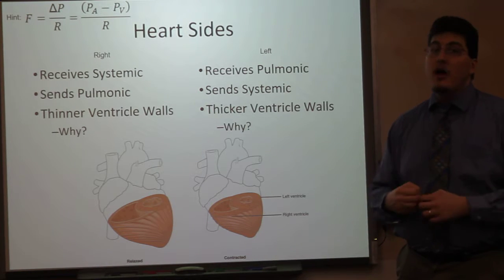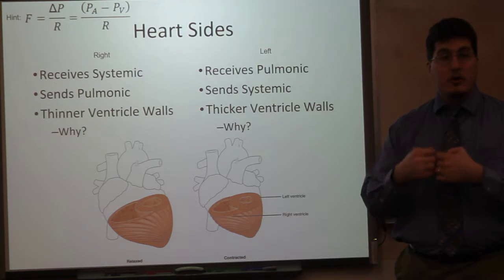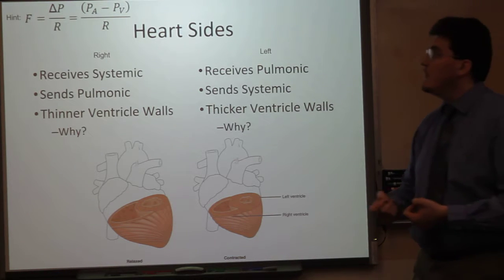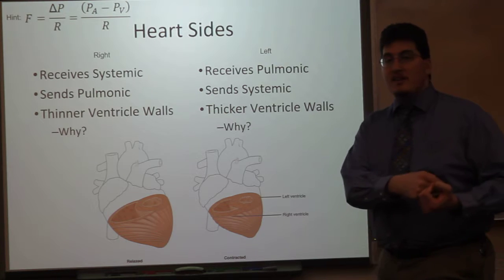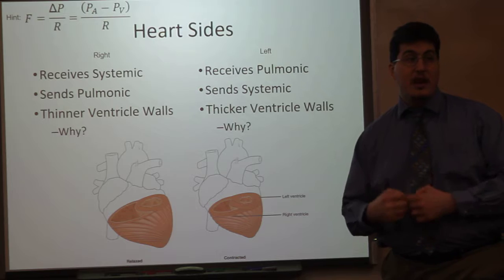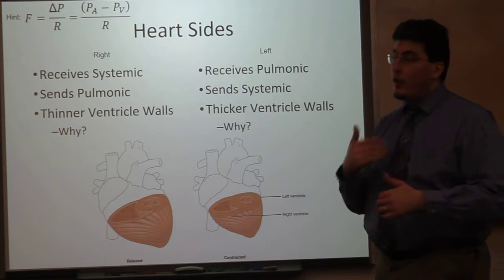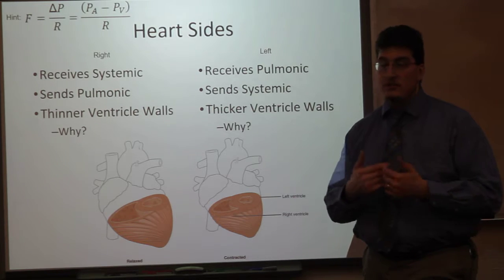The rate of flow, the actual movement of fluid in milliliters per unit time, needs to be equal in the right side of the heart and the left side of the heart. Otherwise, one side will move blood faster than the other side, and you'll have a backup of blood in one circulation versus the other.